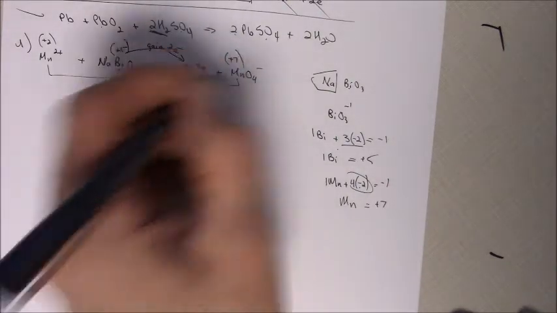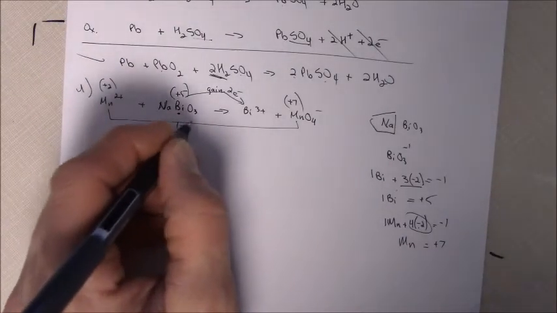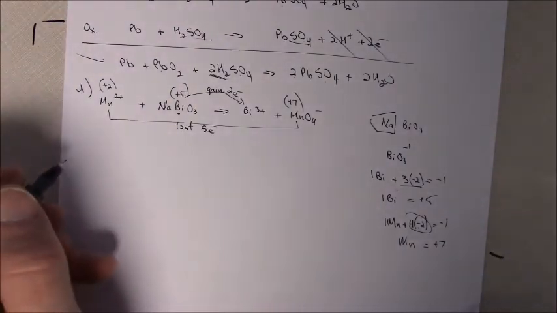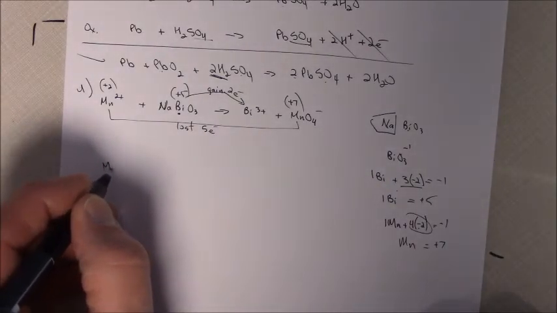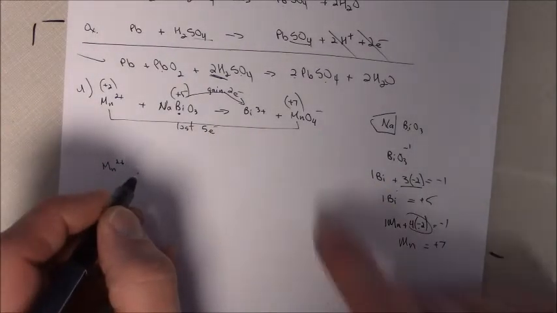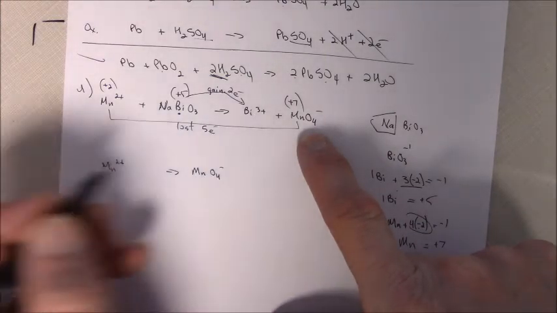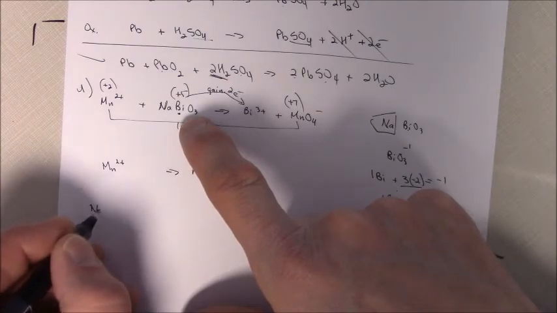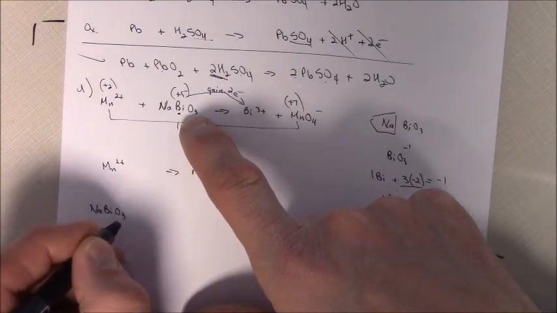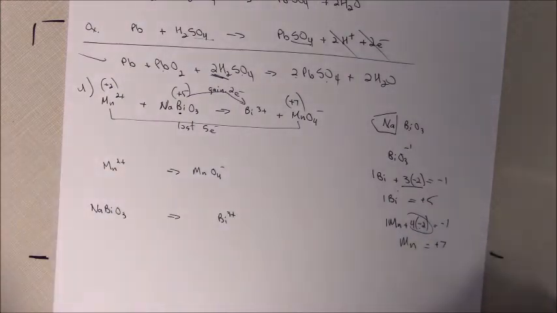So that's a +7. So that obviously lost 5 electrons. So we could write out the two half reactions. You got manganese 2 plus becomes MnO4 minus. Sodium BiO3 becomes Bi3 plus.